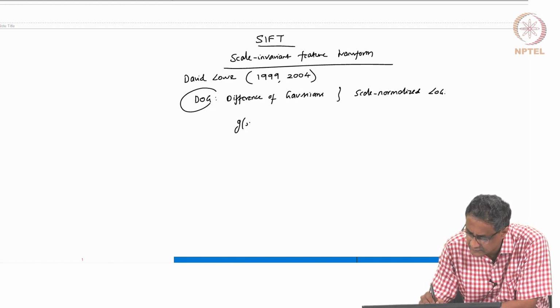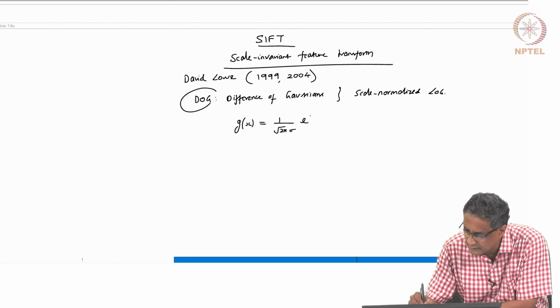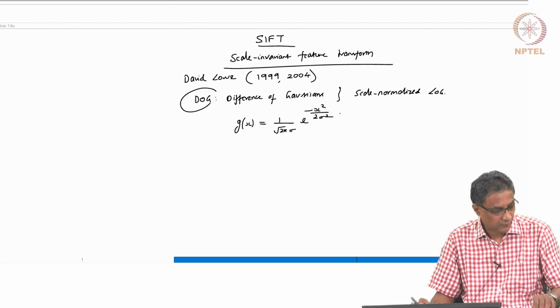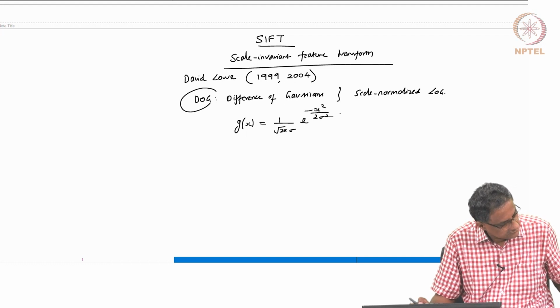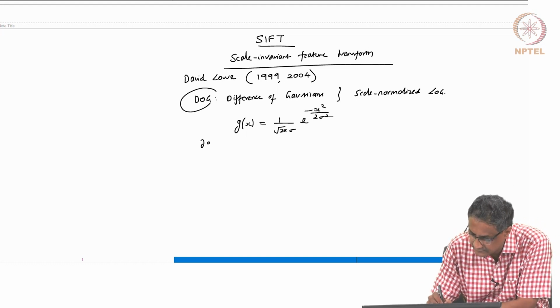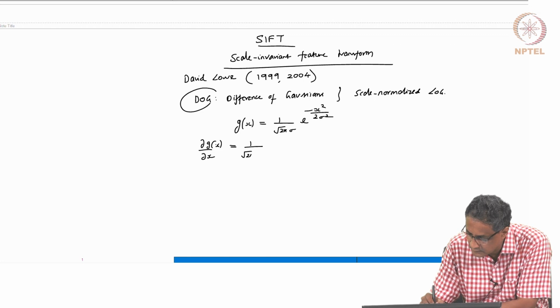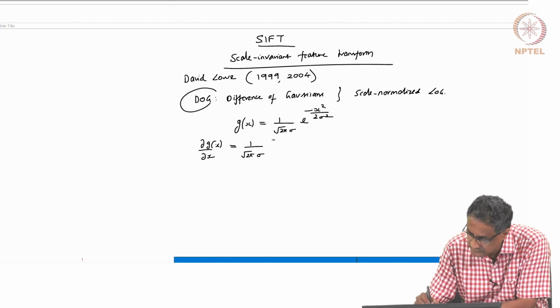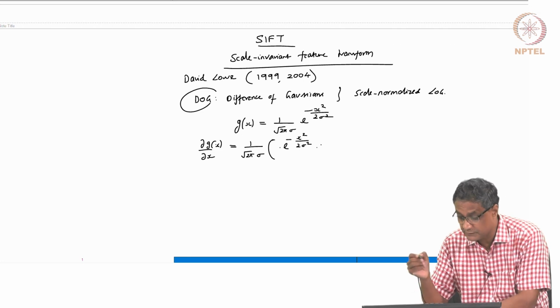Let us say g of x, we will take a Gaussian, 1D again, and whatever happens here happens there in 2D: g(x) = 1 by root 2 pi sigma into e raised to power minus x square by 2 sigma square.